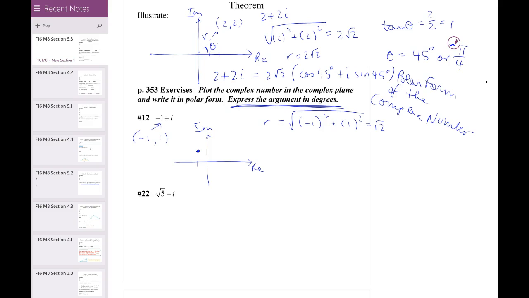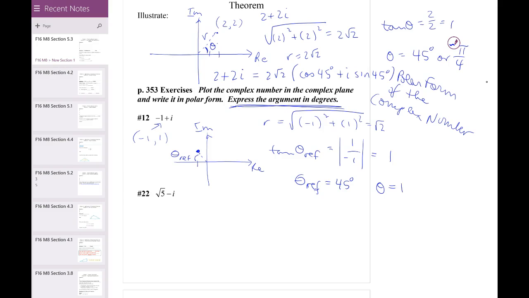And then we need to find the theta. Well, the process is going to be the same as it was for finding the polar coordinates of the point. So this is going to be theta reference. The tangent of theta reference is going to be the absolute value of the y over the x. So that's going to be 1. So theta reference is 45 degrees, but we can see we're in quadrant 2.